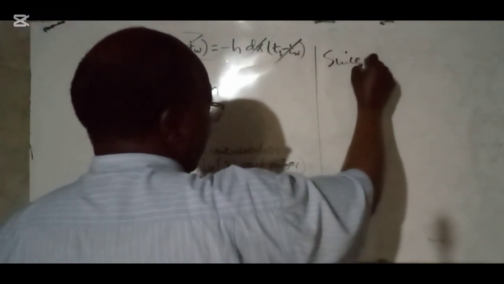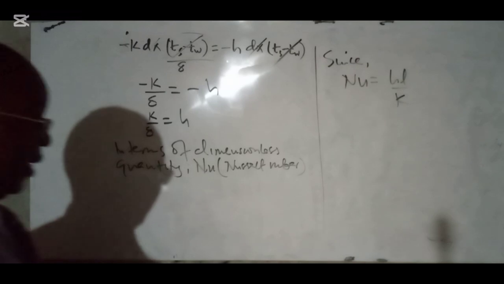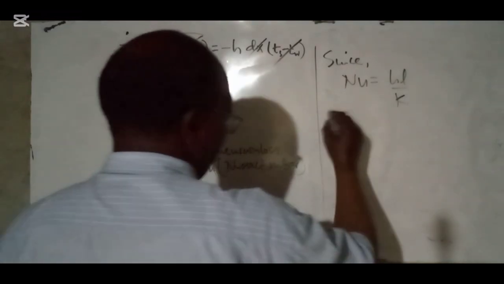Since the Nusselt number is hL over k, we just multiply both sides by L over k, then you get it in that configuration.